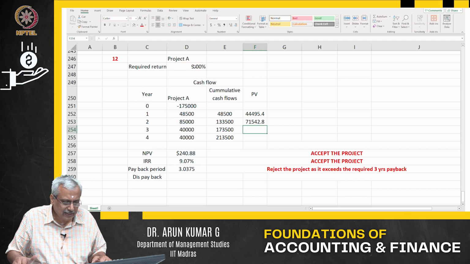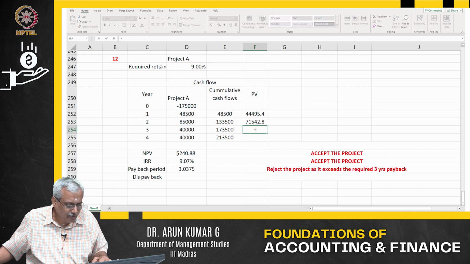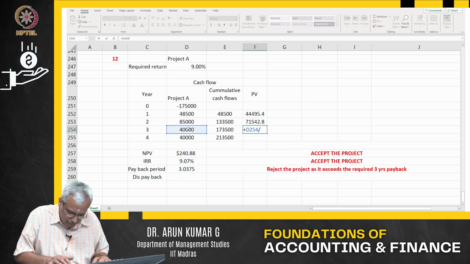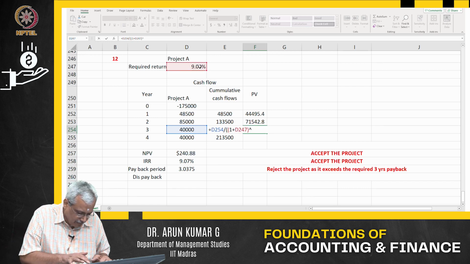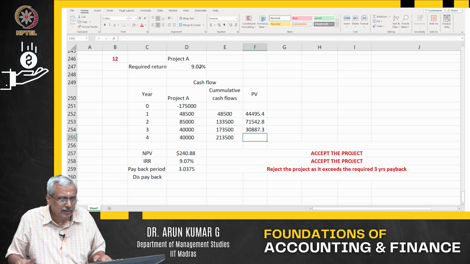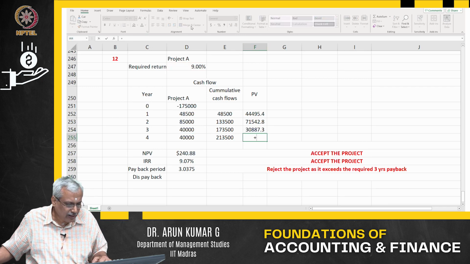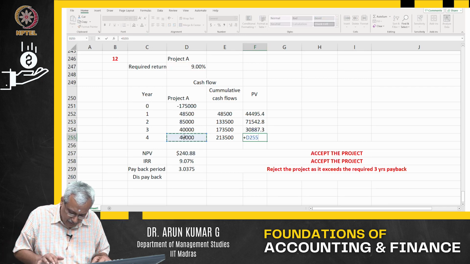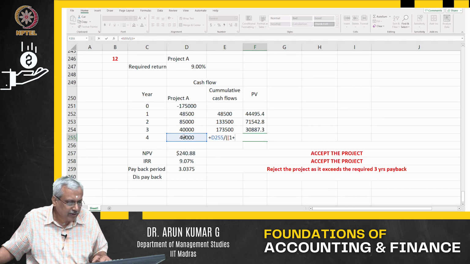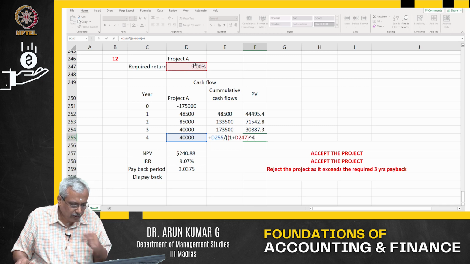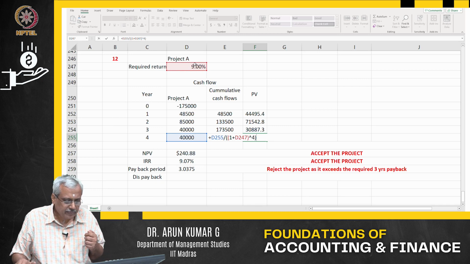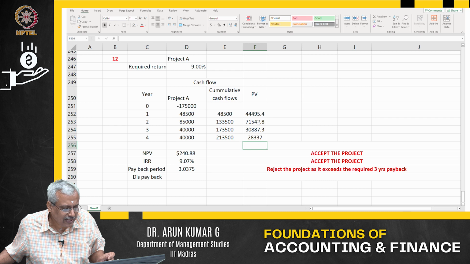Third year, 40,000 divided by 1 plus 9% to the power of 3. Fourth year, 40,000 divided by 1 plus 9% to the power of 4. Yes, this is the discounted payback that I basically have.